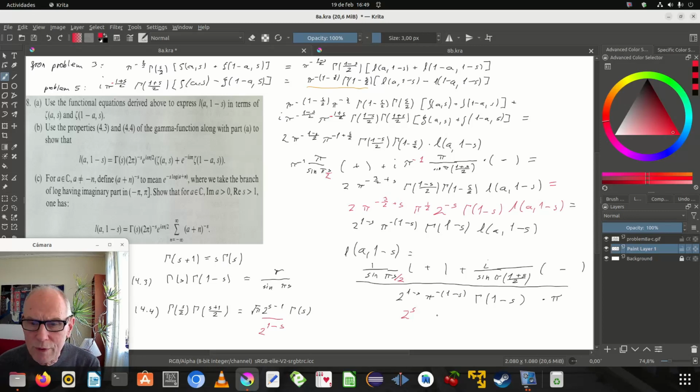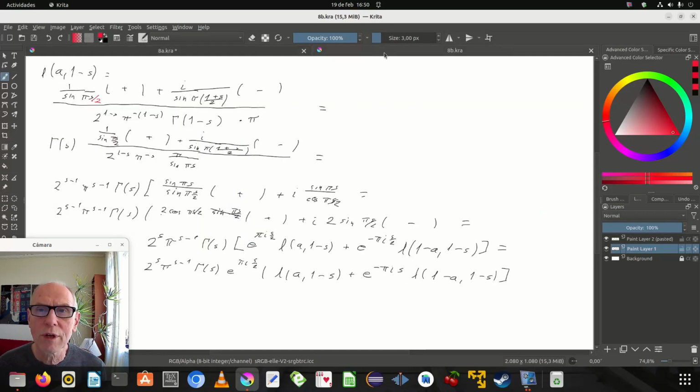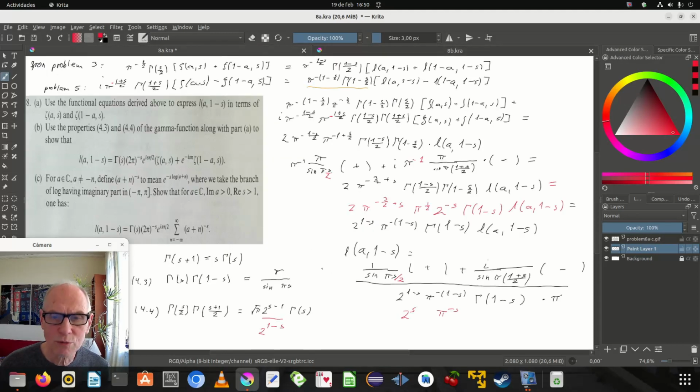So this leaves us with pi to minus S. There's a total. And going to the next page, pi to minus S, but we should have 2 as well, this time to S. Oops, it should be minus S.